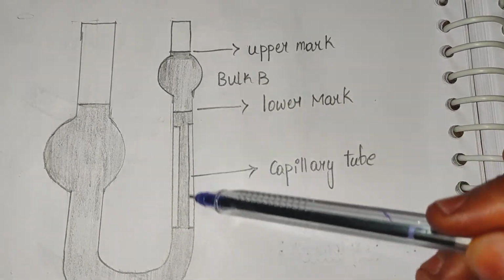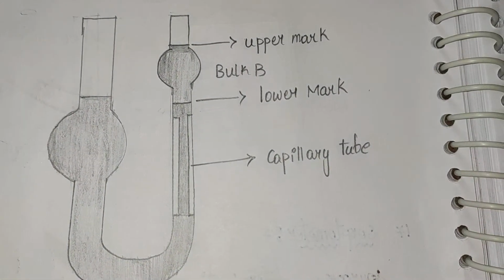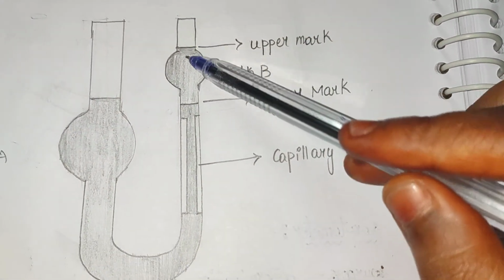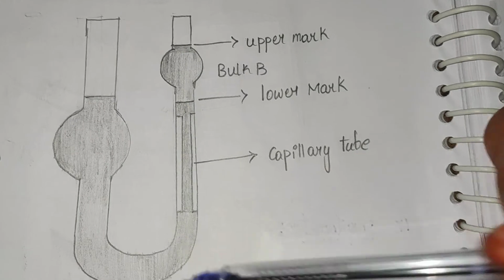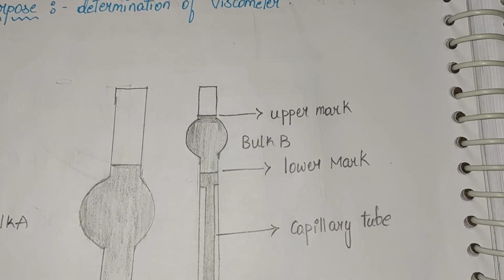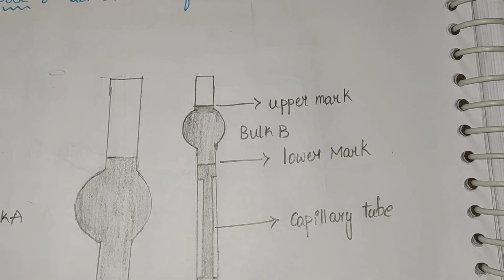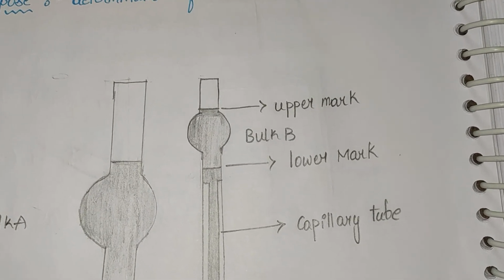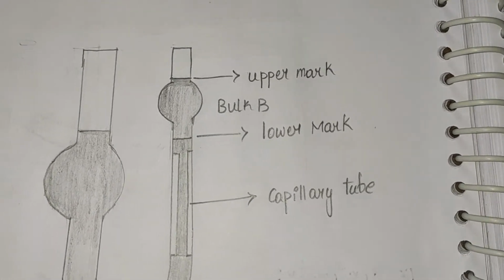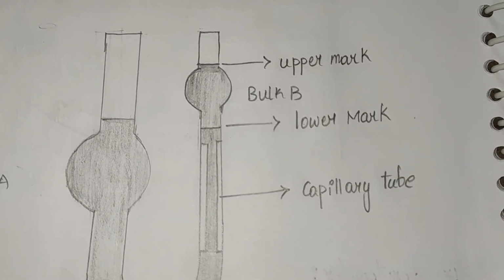It is a capillary tube. So we have to start the clock and we have to check from here to here how much amount of liquid has moved. Based on the movement, we will find out the viscosity, and based on the time also.